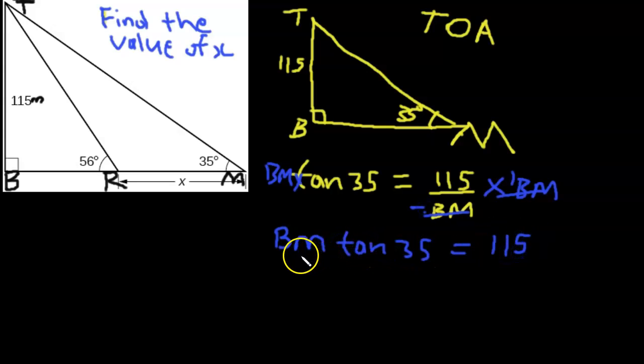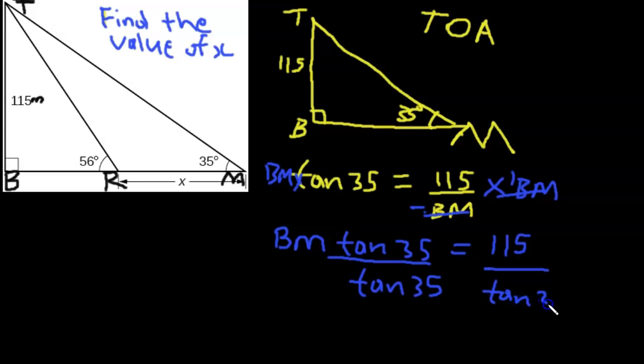To get the length of BM, you divide both sides by tan 35. Tan 35 into itself, one time. So we're left with BM is equal to 115 divided by tan 35.